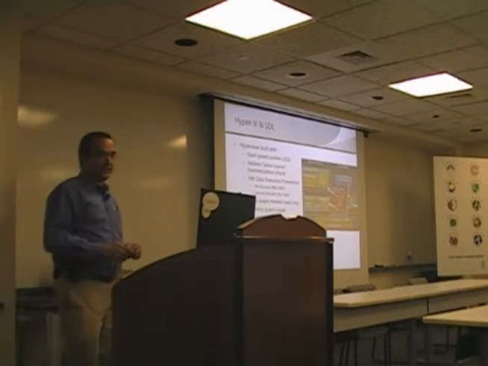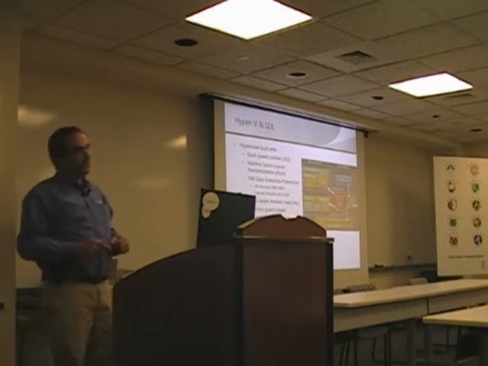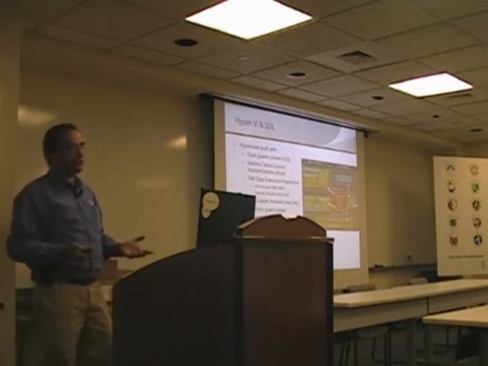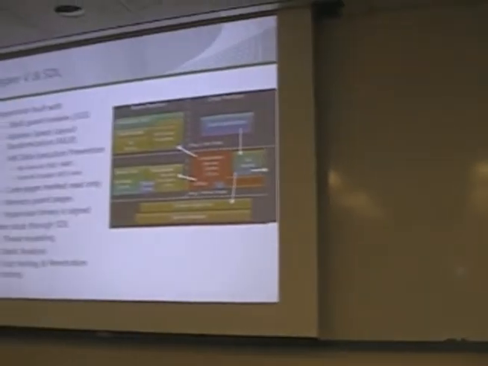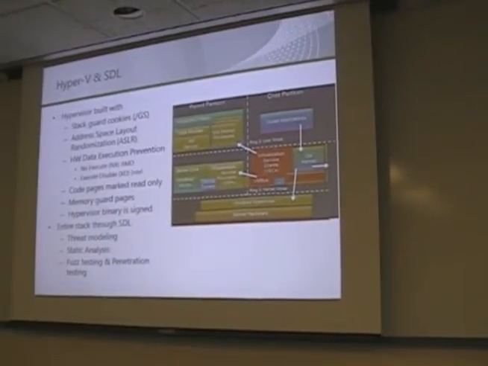So Hyper-V and SDL. The hypervisor was built with StackGuard cookies. So this is what they did to make sure they achieved those goals. Address space layout randomization, ASLR. Basically what that means is your guest VM isn't always going to have the same blocks of memory.